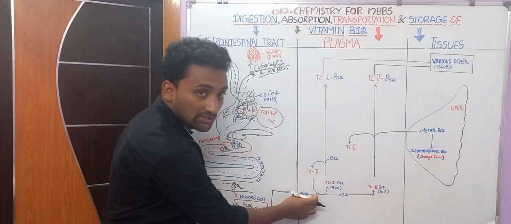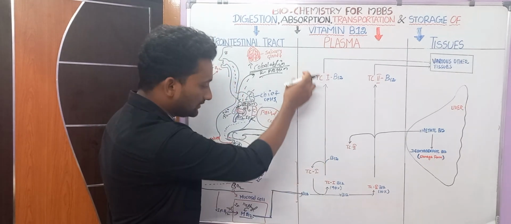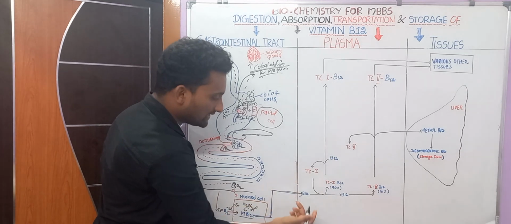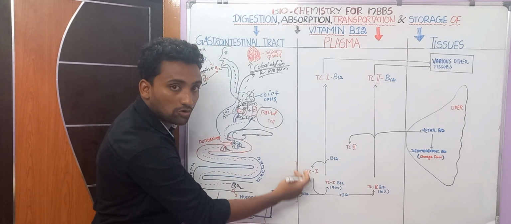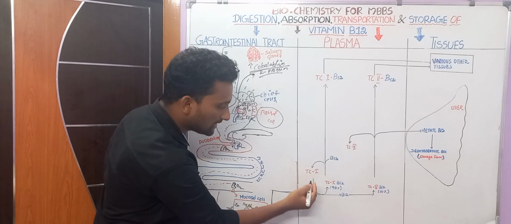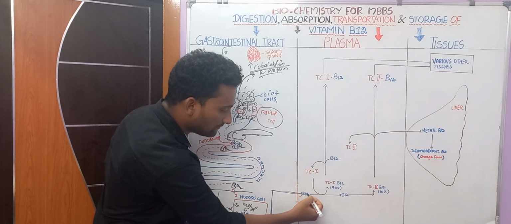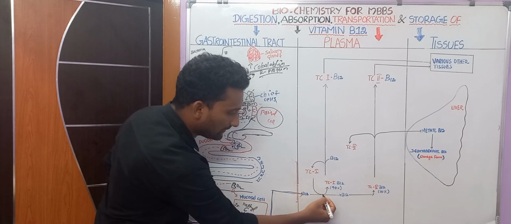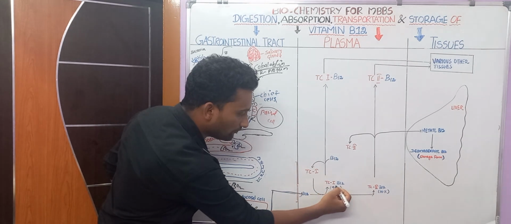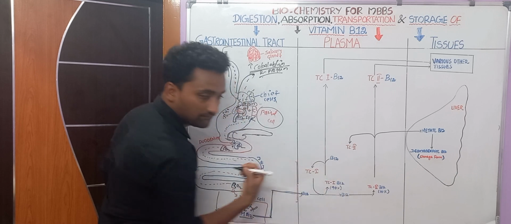As soon as the B12 is absorbed into the plasma, what happens? Immediately TC1, which is called transcobalamin 1, comes and binds with this B12. See, transcobalamin 1 B12 is formed.